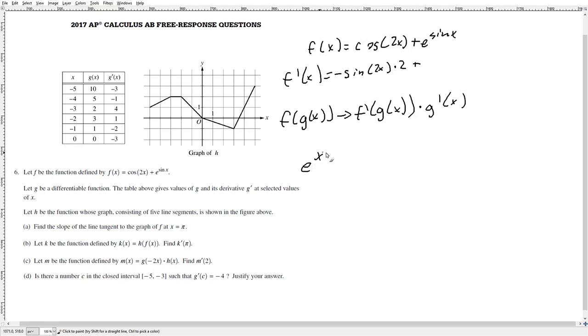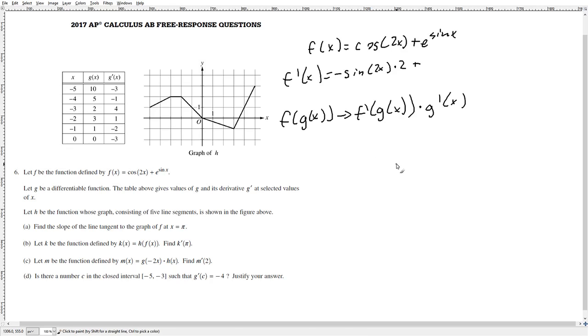In order to find the derivative of e to the x, we take this number right here, put it in front, and then find the derivative of it. In this case, x will just become 1, and the rest of it goes unchanged. So basically, the derivative of e to the x is just e to the x. This 1 just disappears.